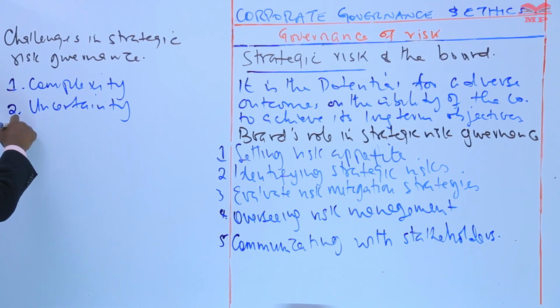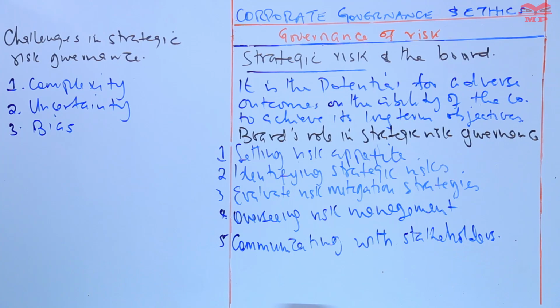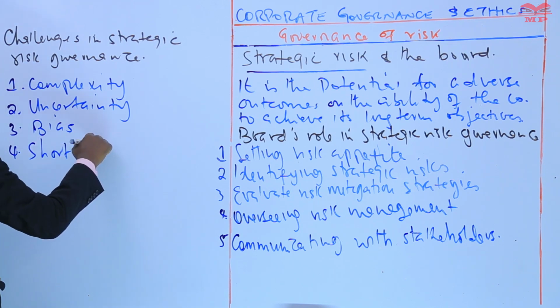Three, bias. Board members may have biases that influence their perception and the assessment of risk, and that is a challenge in strategic risk governance. Four, short-termism.